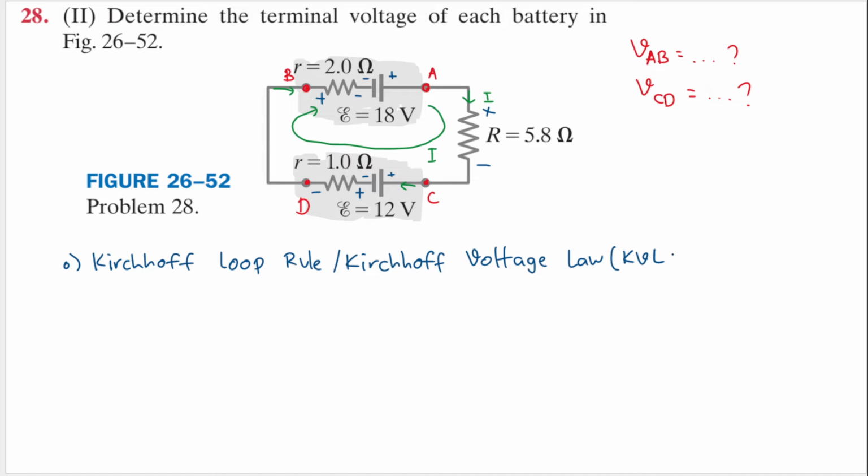KVL says that the sum of the voltages in a loop is equal to 0. Remember this, the sum of the voltages in a loop will equal 0.